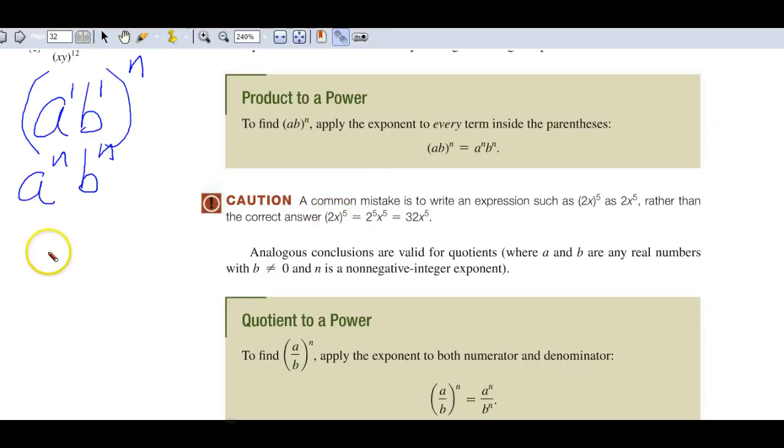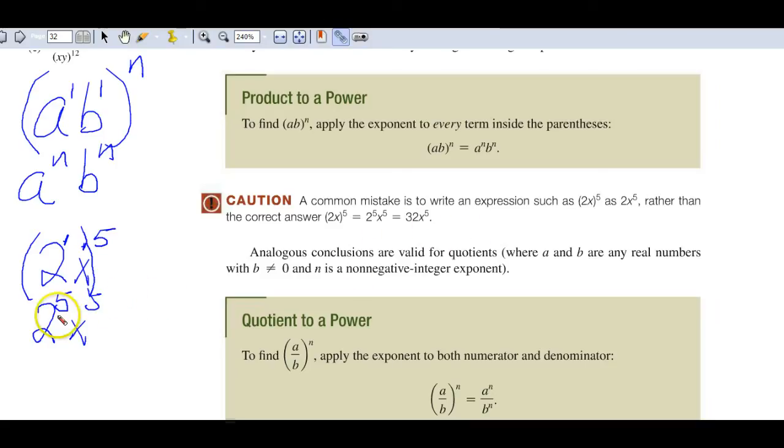So for something like this, (2x) to the 5th, the quantity to the 5th, again, there's a 1 there and a 1 there. So this becomes 2 to the 5th, x to the 5th.